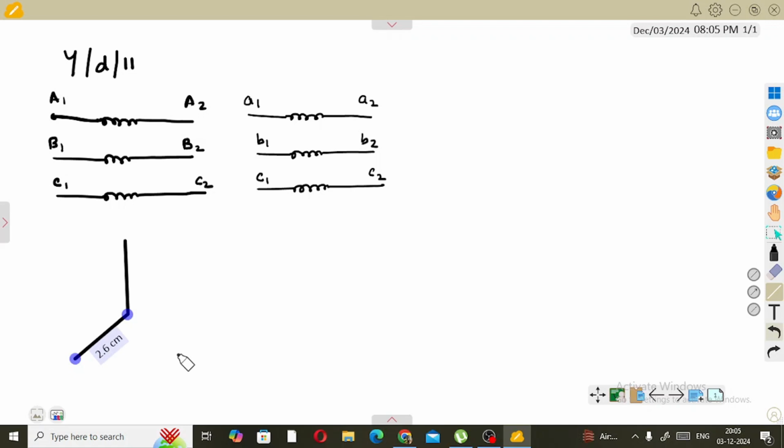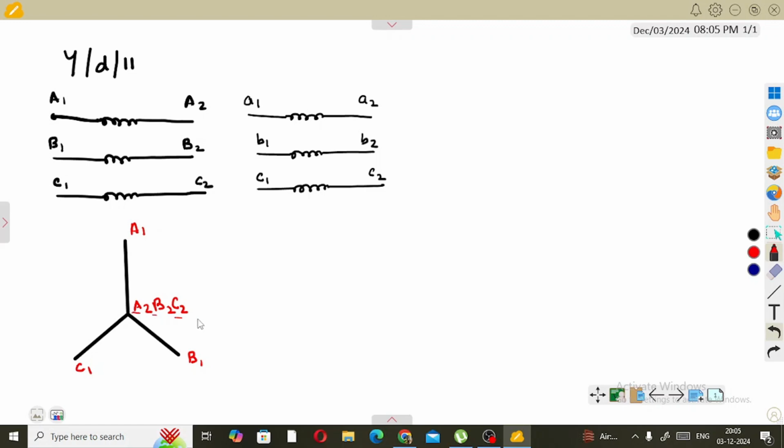I will draw a star, each of them 120 degrees apart. And the names will be: this one will be A1, and this will be A2, B1, B2, C1, and C2.